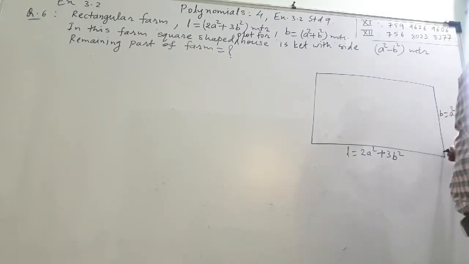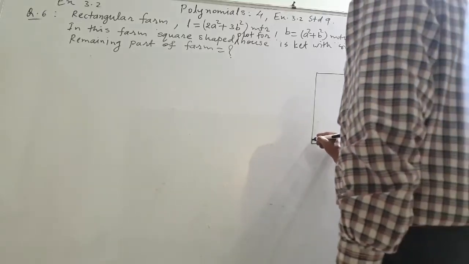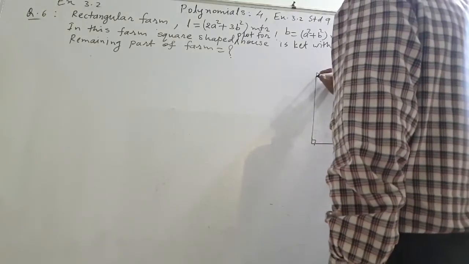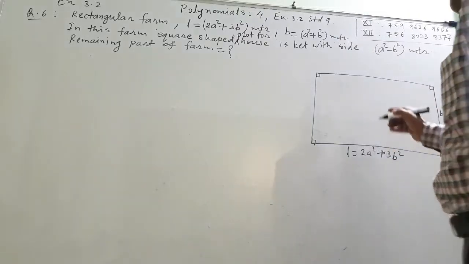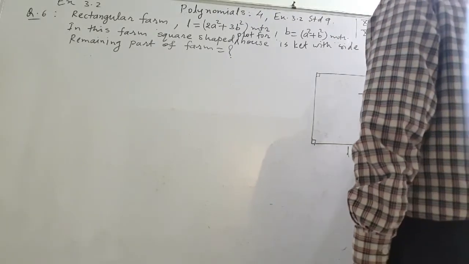This is a rectangular farm, so all the angles are 90 degrees. In this, suppose he has kept a square plot.